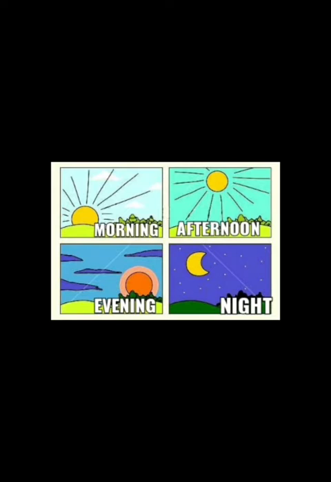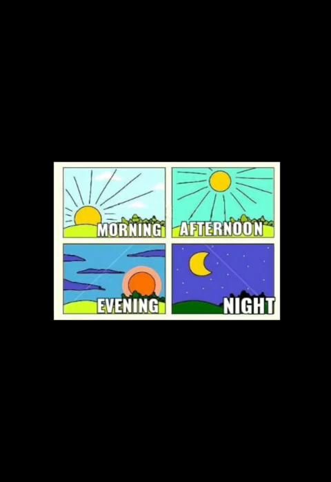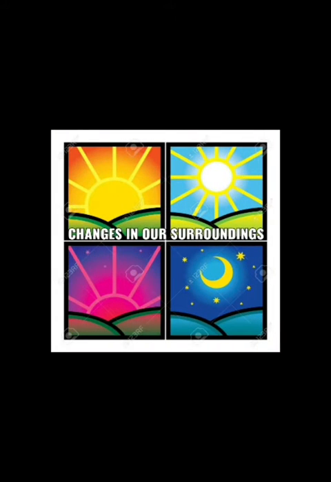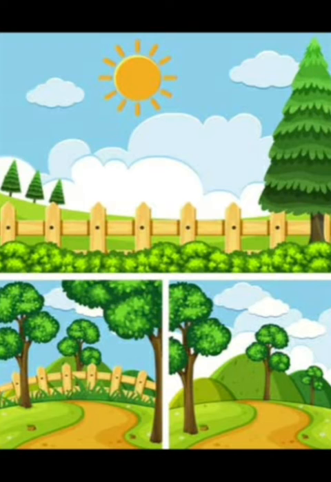Morning, afternoon, evening, night. So children, today let us learn something more about this in the lesson Changes in Our Surroundings. Children, we can see things around us clearly during the day, isn't it?